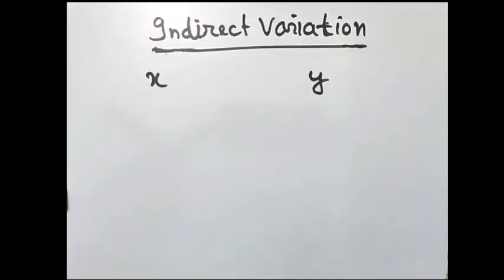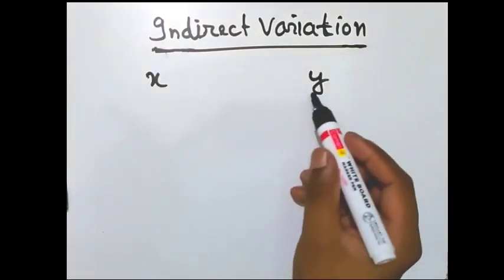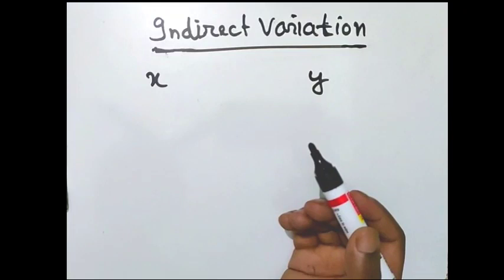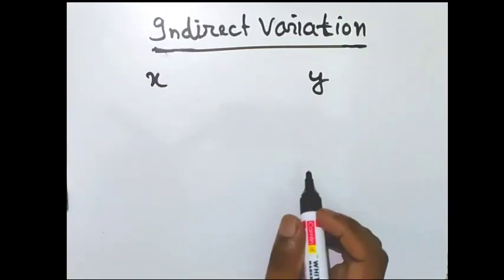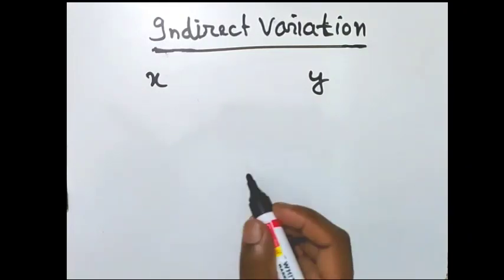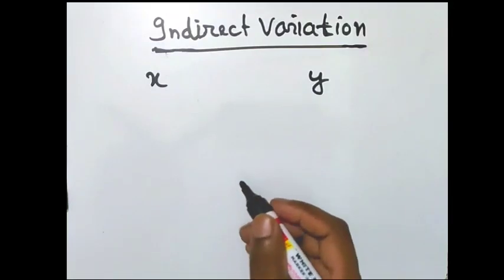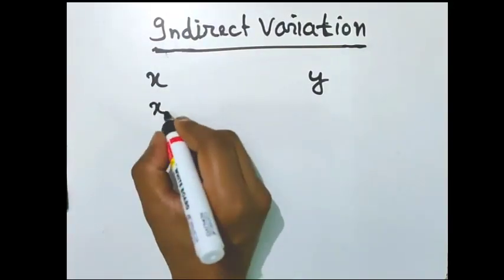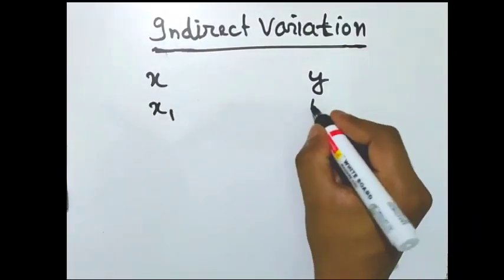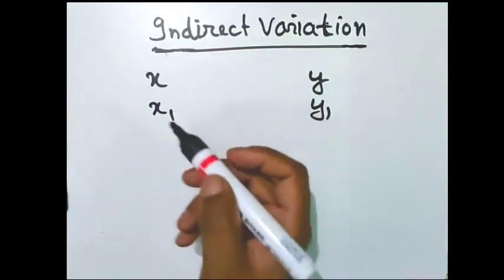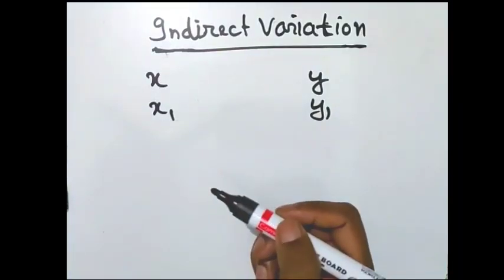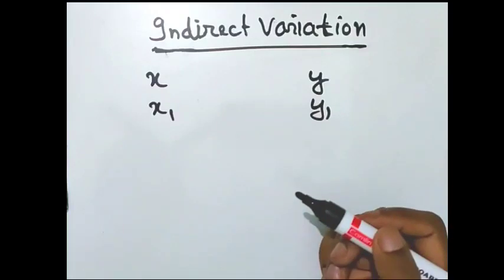Clear? Let x and y be two quantities which vary indirectly or are in inverse variation or inverse proportion. Then if I increase x to x1, y will decrease to y1. If I decrease x to x1, y will increase to y1.